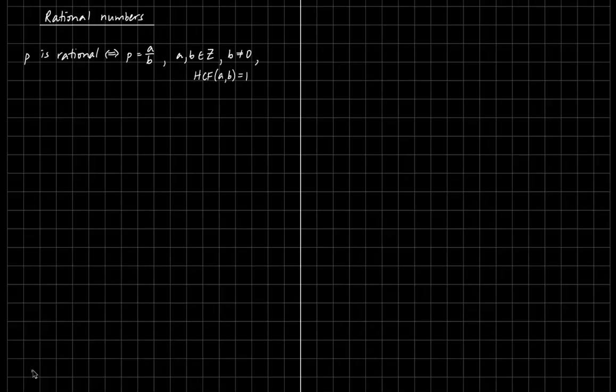But you might recall that the way we often recognize rational numbers, because often numbers aren't written in fractional form, is that a rational number, when written in decimal form, will always be a terminating or recurring decimal.